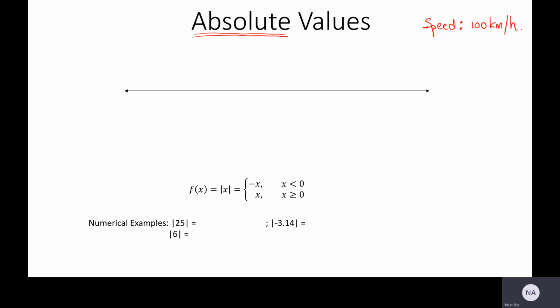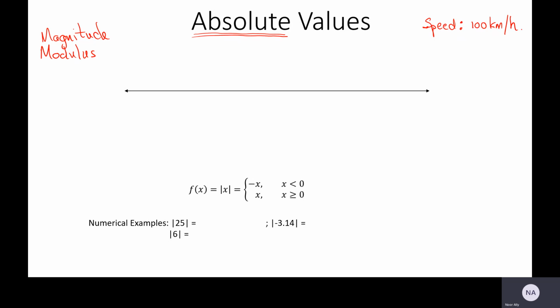Now, all that we are going to do is look at the mathematical syntax that we are going to use in order to capture magnitude or absolute values. So absolute values, we are talking about the magnitude. Also, many textbooks refer to it as the modulus.